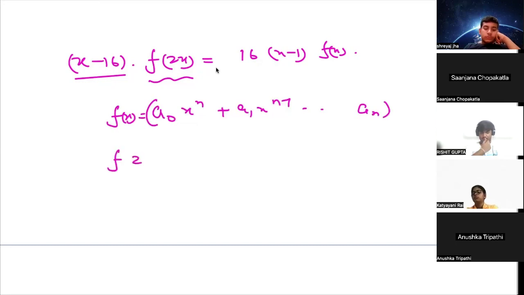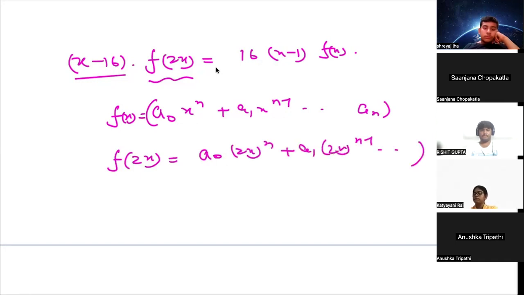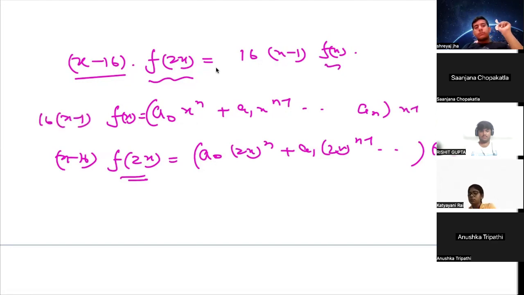Now I take the function of 2x: a naught (2x) to the power n plus a1 (2x) to the power n minus 1 and so on up to a_n. This f of 2x is multiplied with x minus 16, and f(x) is multiplied with x minus 1 times 16.